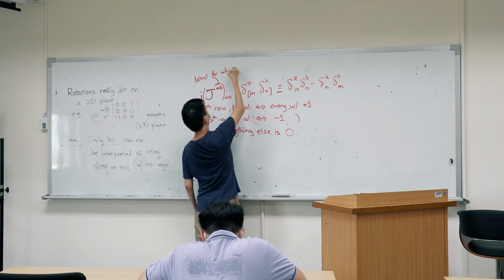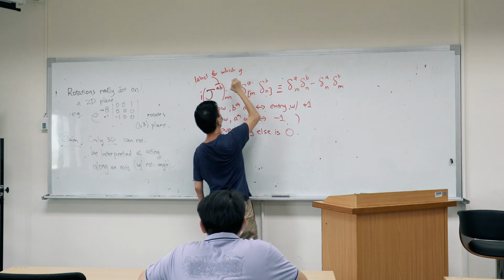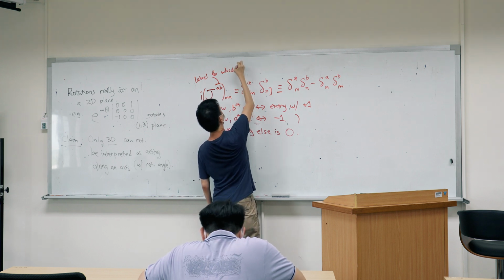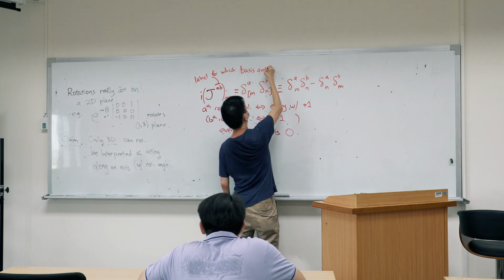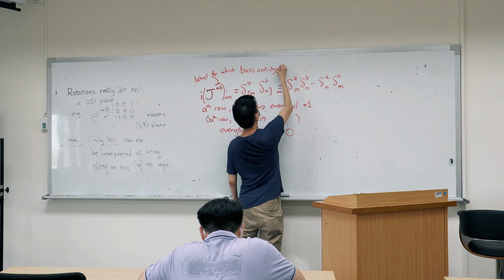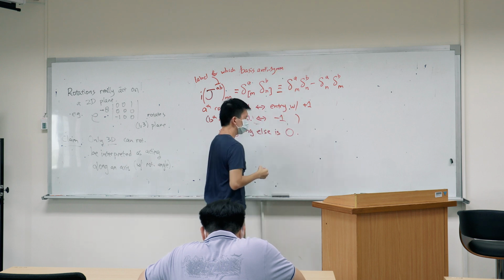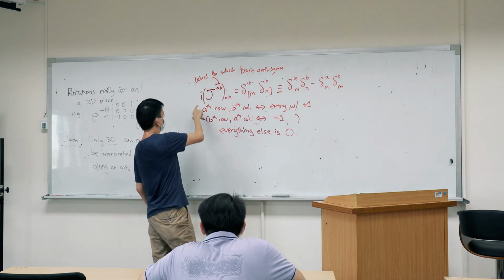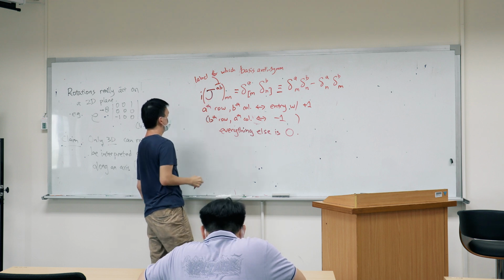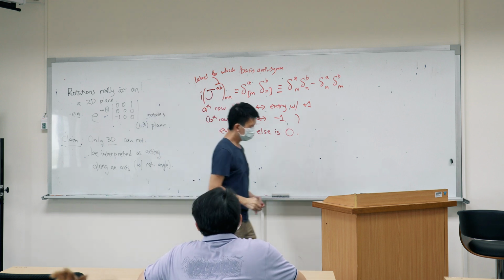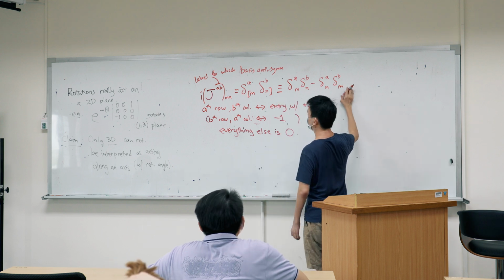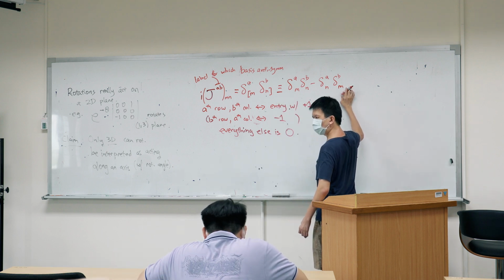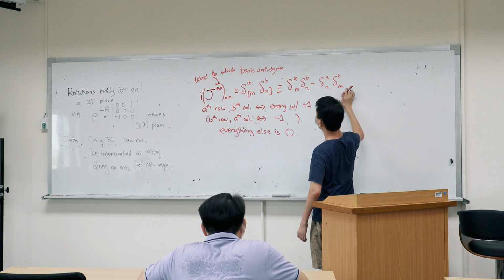It tells you which basis antisymmetric matrix you're referring to. And it is this i times the J that actually corresponds to the basis antisymmetric generator.